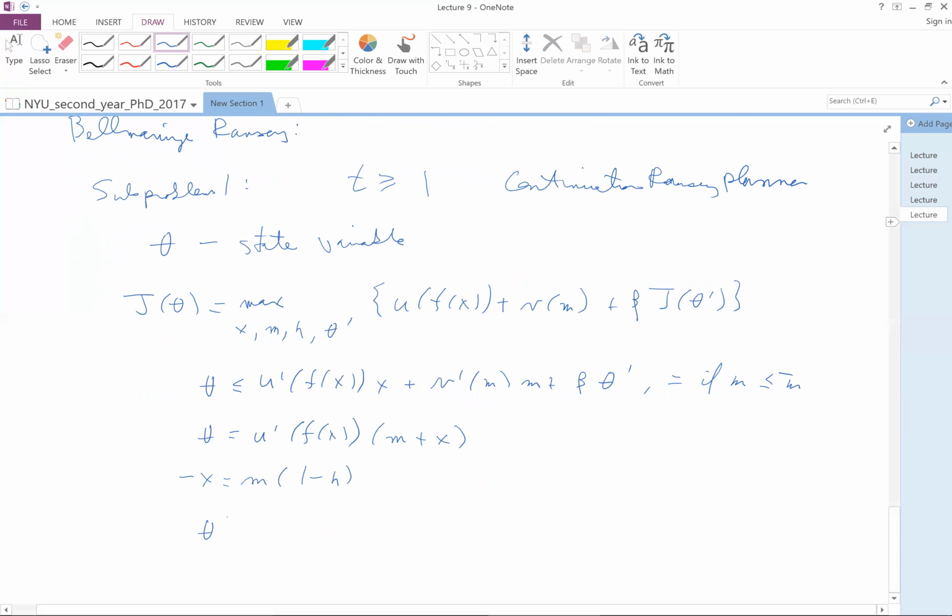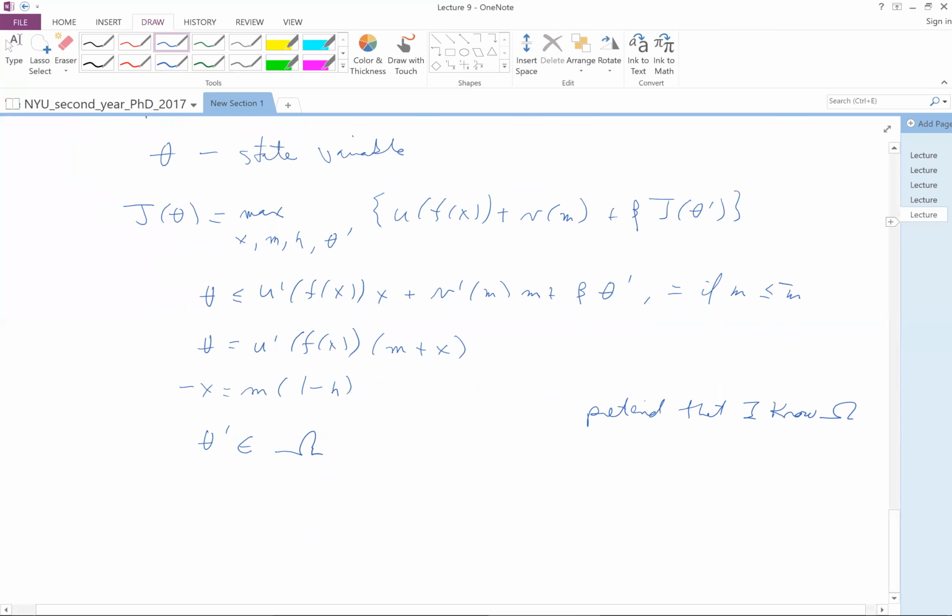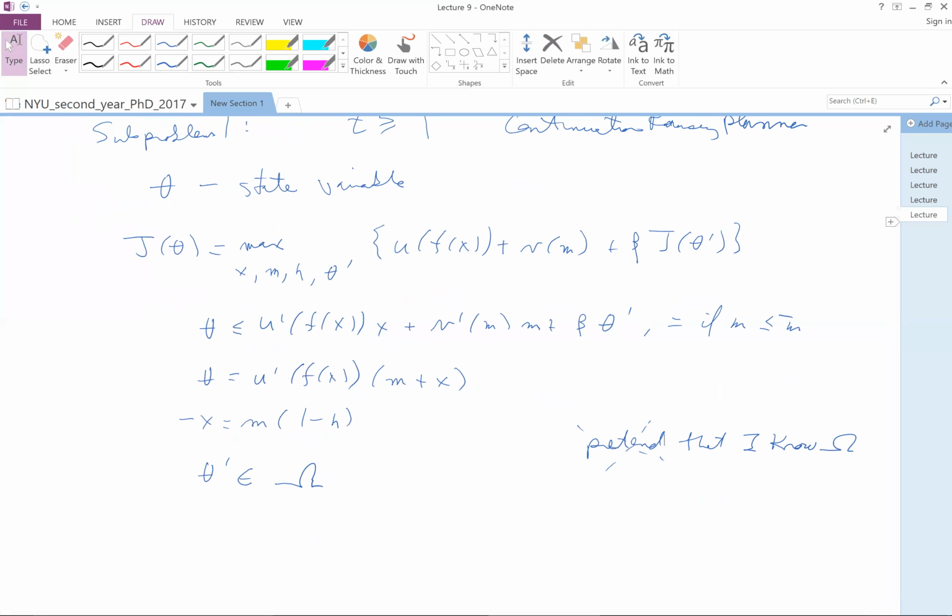And I'm going to have that theta prime belongs to this set omega. And I'm going to pretend that I know omega. There's going to be some set of those. Chang's paper is all about removing the pretend, but we're going to let that go for a minute.